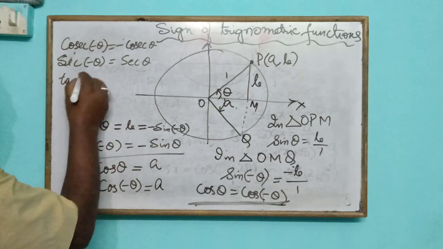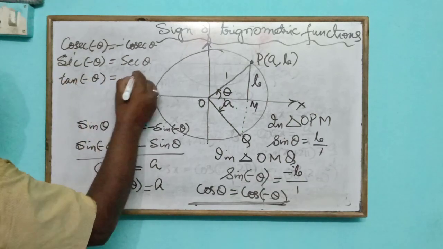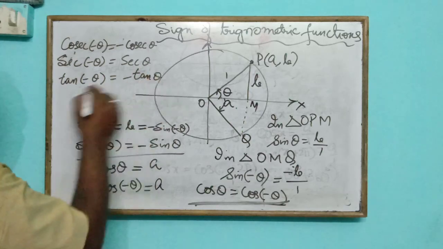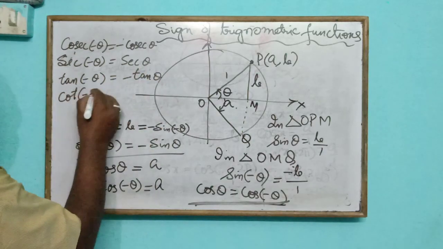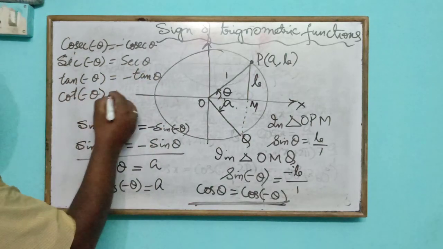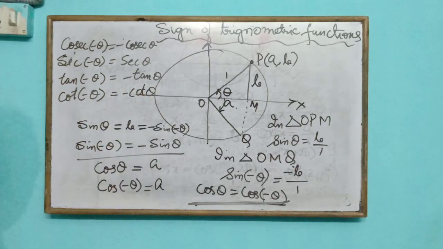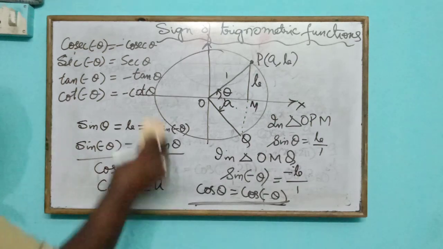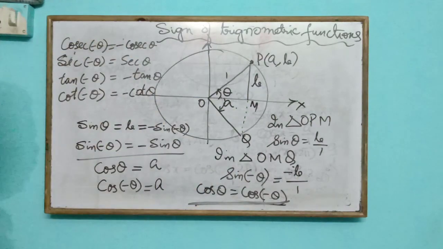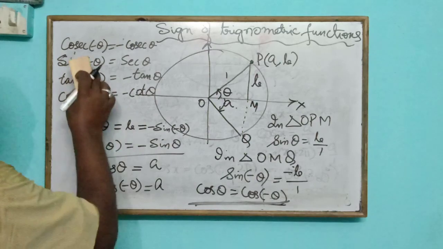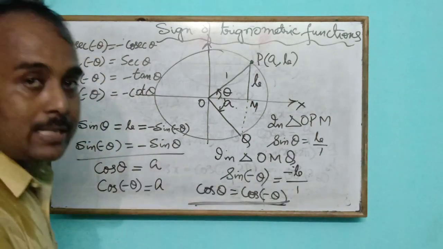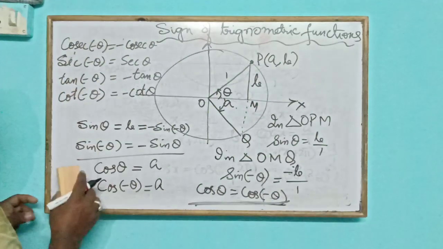Tan of minus theta is minus tan theta, and cot of minus theta is minus cot theta. This is the sign of the trigonometric function, how it behaves when we take the angle in clockwise direction or in anti-clockwise direction.